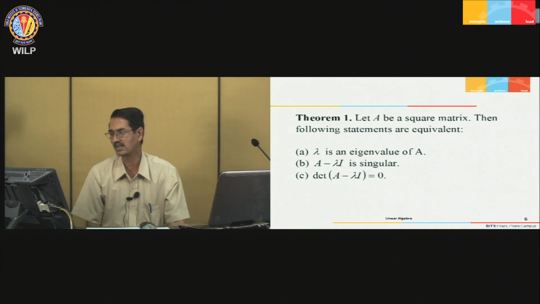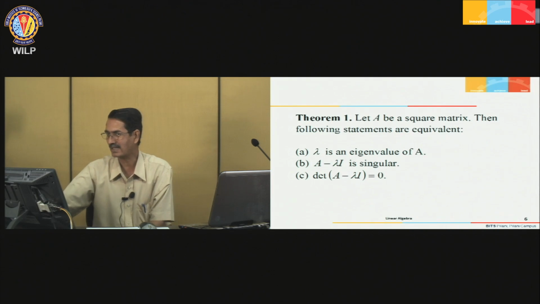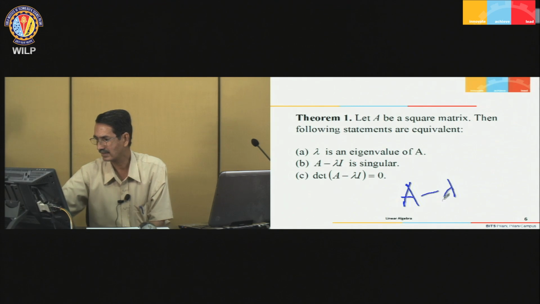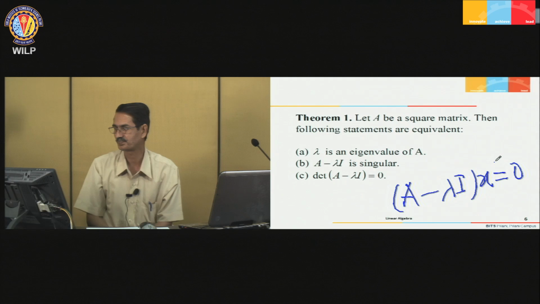Look at here, why? What is the meaning? Lambda is an eigenvalue of A, the meaning thereby is that (A minus lambda I)x is equal to 0, where x is different from 0.